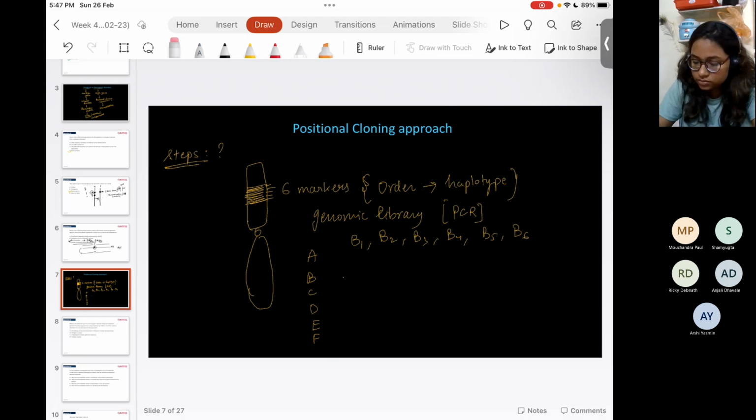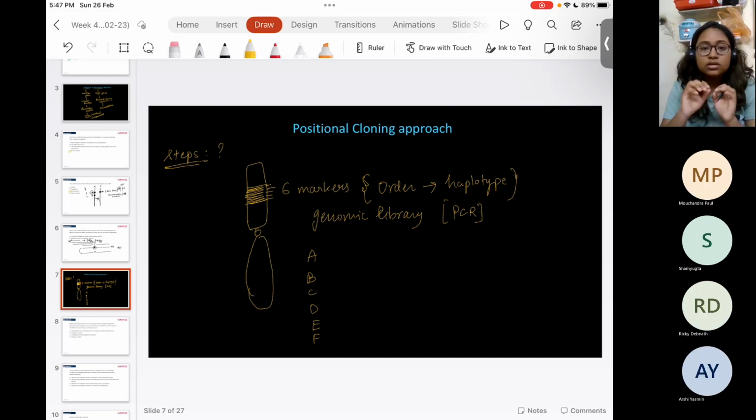You saw that in B1, A is present. Using PCR, you will do the band electrophoresis, and from the band you will get to know. Similarly, B is present in B5, C is present in B2. Then using this PCR data, you have to arrange the physical order in which these markers are found in the chromosome.